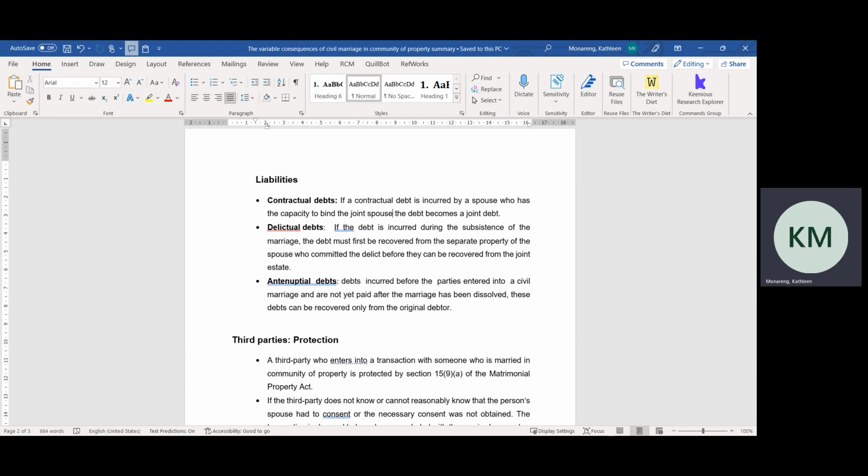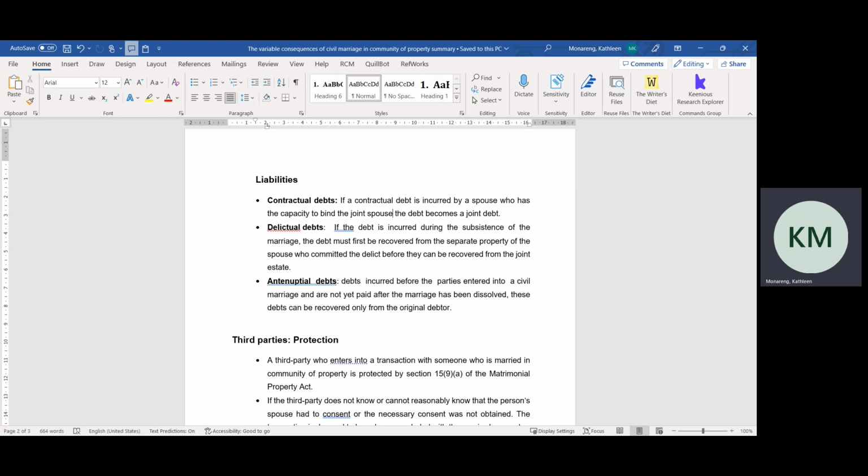And the third debt, which are the antenuptial debts. These are debts which were incurred before the parties entered into a civil marriage and are not yet paid after the marriage has been dissolved. These debts must only be recovered from the original debtor.